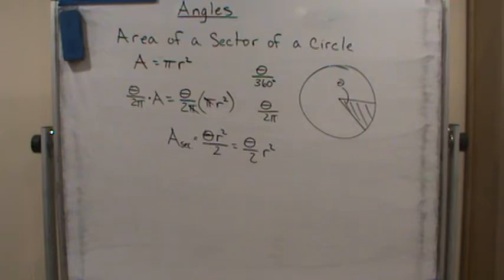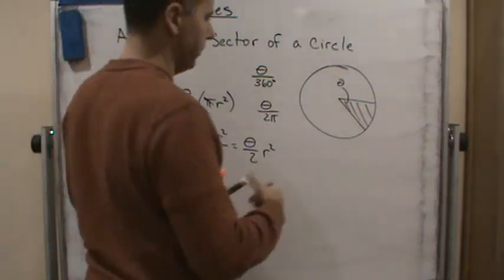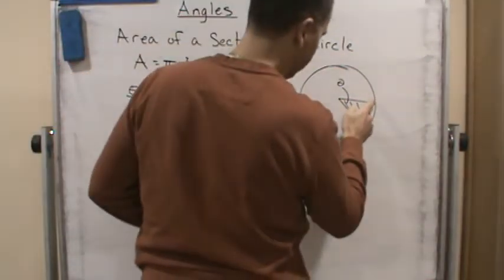So now, let's do an example. It says an automatic lawn sprinkler sprays a distance of 20 feet while rotating 30 degrees. So it sprays 20 feet at an angle of 30 degrees. Let's say this is the situation we have.